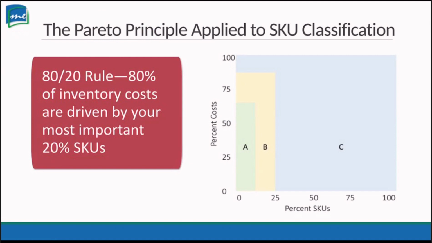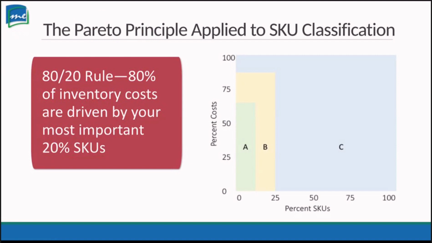The B category is around 15% of the value, and it takes around 25 to 30% of the total SKUs. And the rest, around 5% of the value, is the C category, and it takes up around 50%.